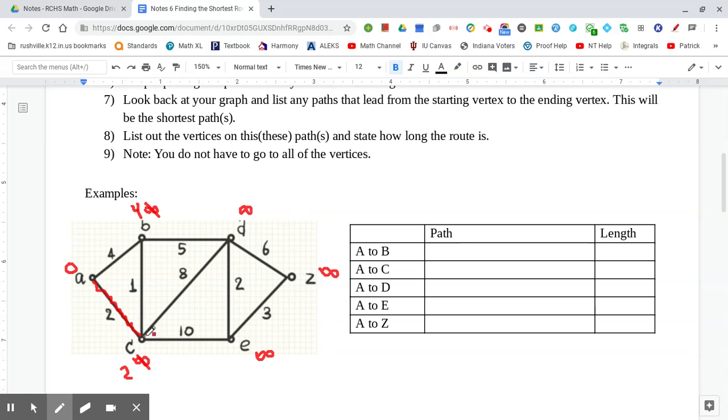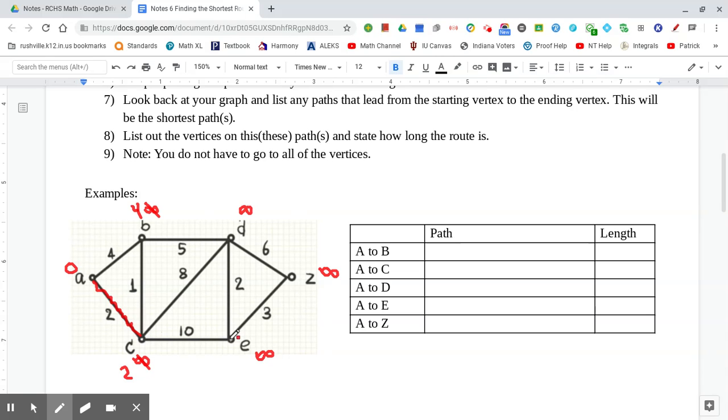So now I'm at vertex C, and I want to see what vertices are adjacent to vertex C that I have not already been to. I've already been to A. Now I'm at C. What vertices are adjacent to C? I have B, D, and E. Now I'm going to figure out what the total distance would be to get to these vertices.